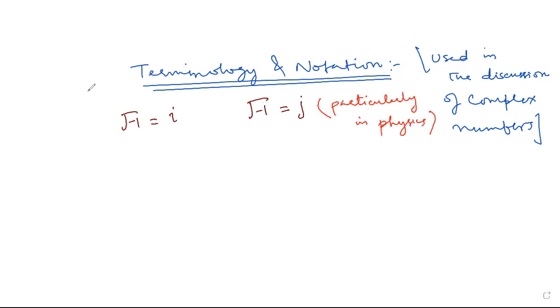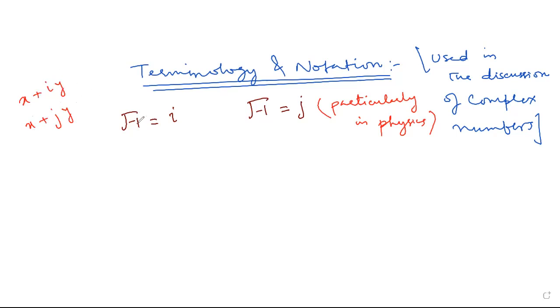So we can write a complex number as x plus iota y, or we write it as x plus jy.